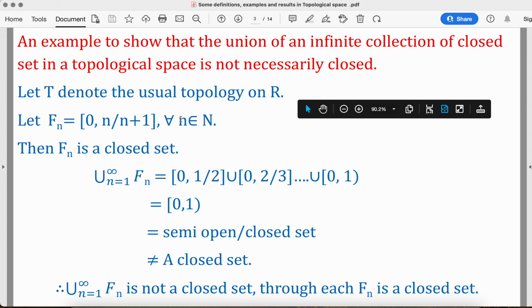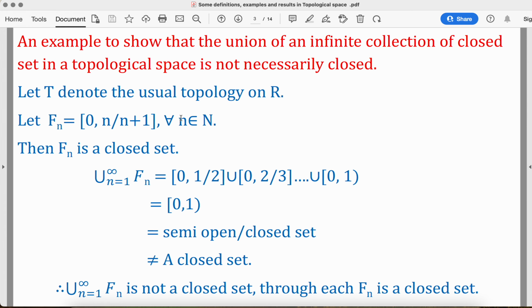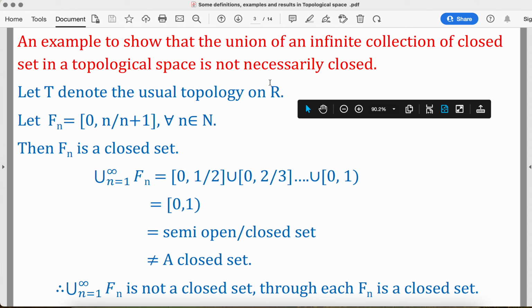So here Fn is a closed set in the topological space (R, T). R is a set and T is the usual topology on R. And Fn is a closed set.